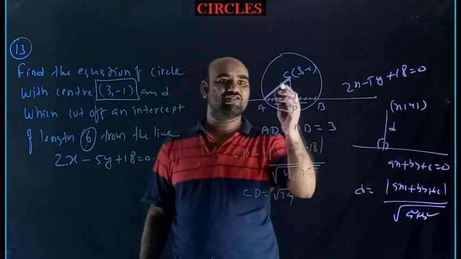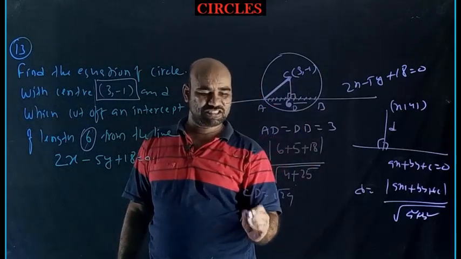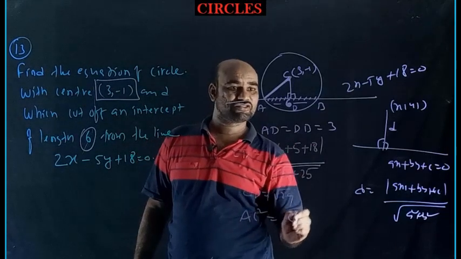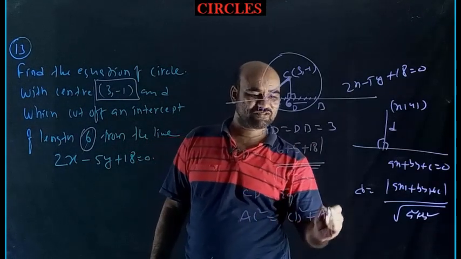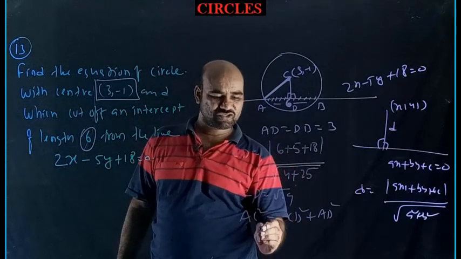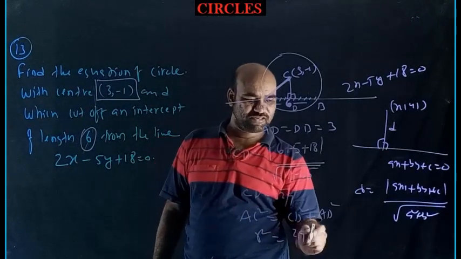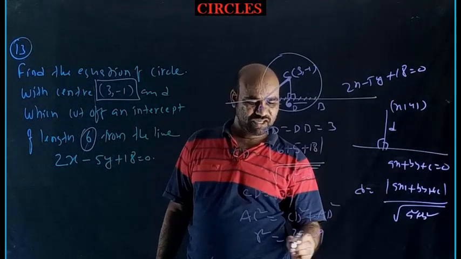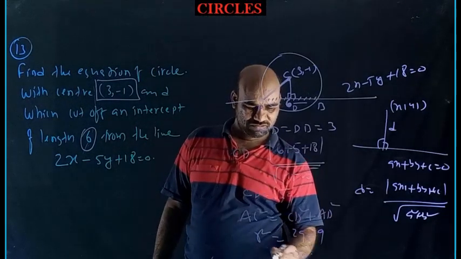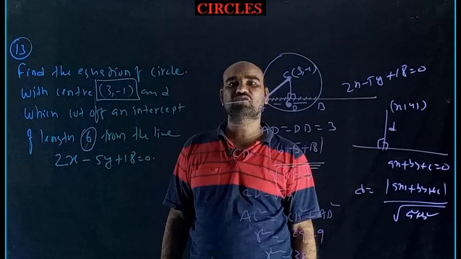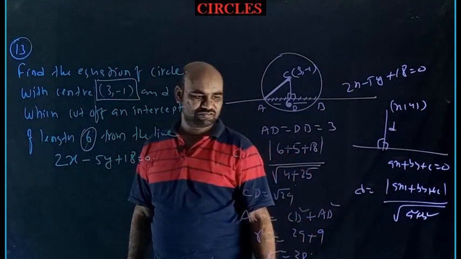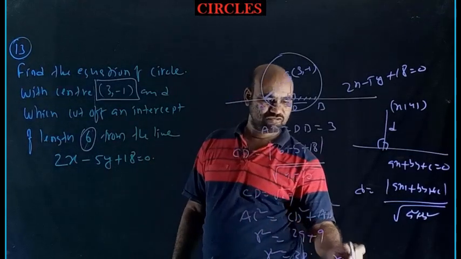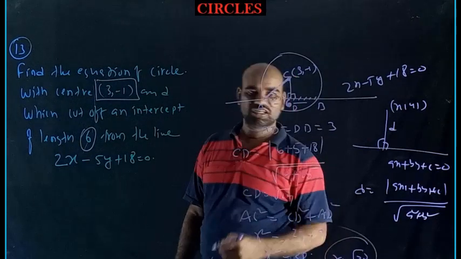Now AC square equals CD square plus AD square. AC square means R square. CD square means 29, plus AD square 9, that is 38. R square is 38, so R is equal to root 38. Now you can find the equation of the circle.